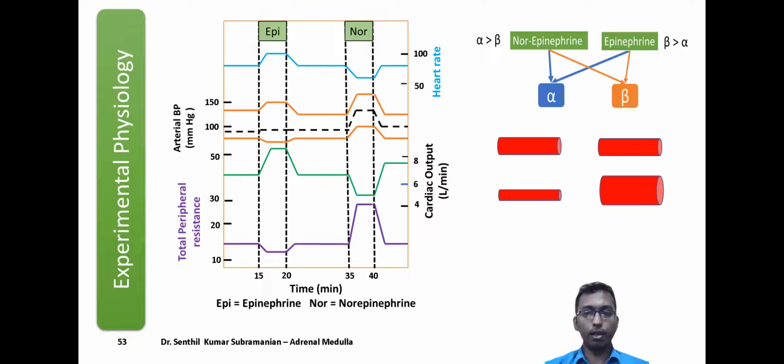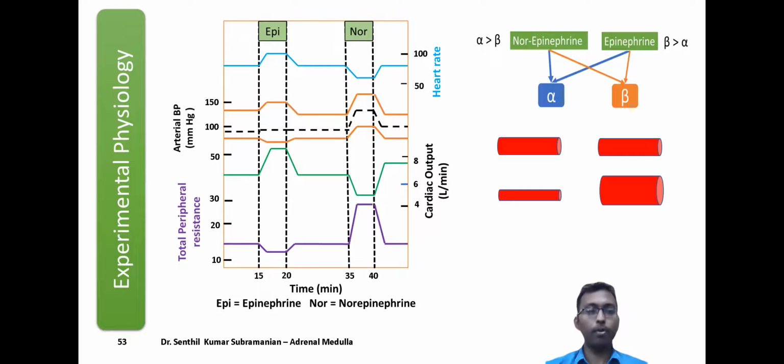As we have seen earlier, the direct action of the catecholamines on the heart is to increase the rate and force of contraction. The blue color is heart rate. As you can see, heart rate increases. Since cardiac output depends upon the stroke volume and heart rate, and both are increased in epinephrine infusion, there will be an increase in cardiac output.